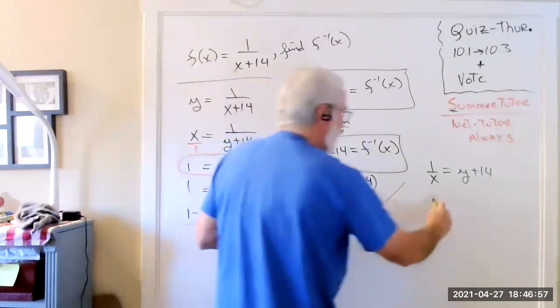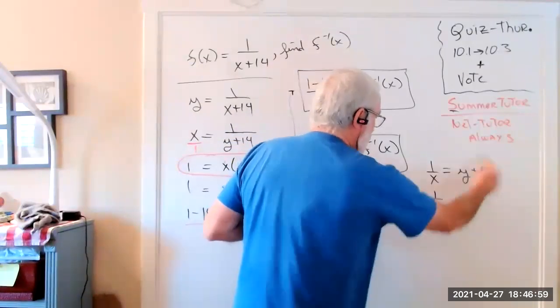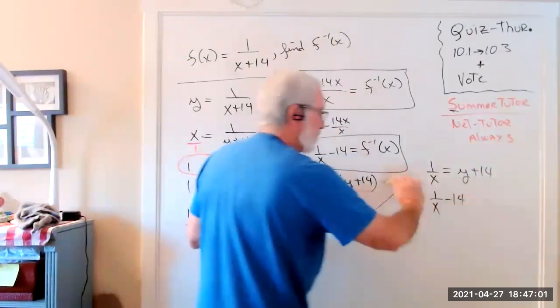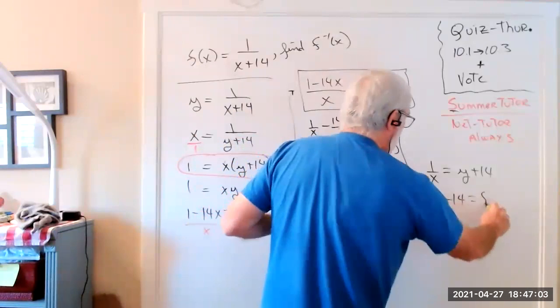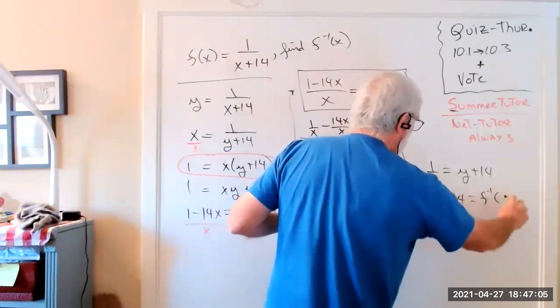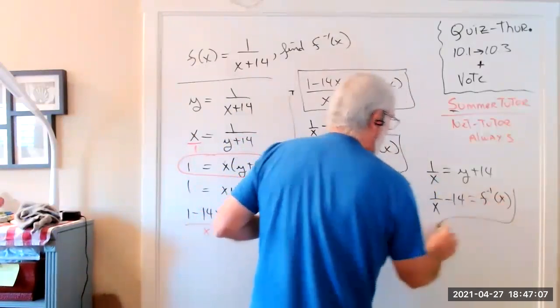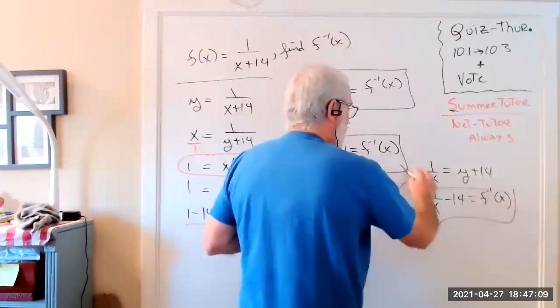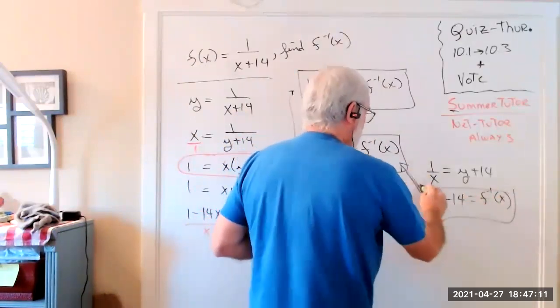Take away the 14 from both sides, and I get 1 over x minus 14 equals, instead of y, we put f inverse, and look at this. Same answer.